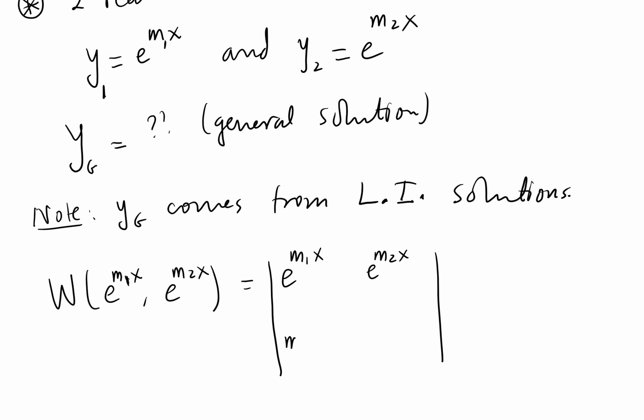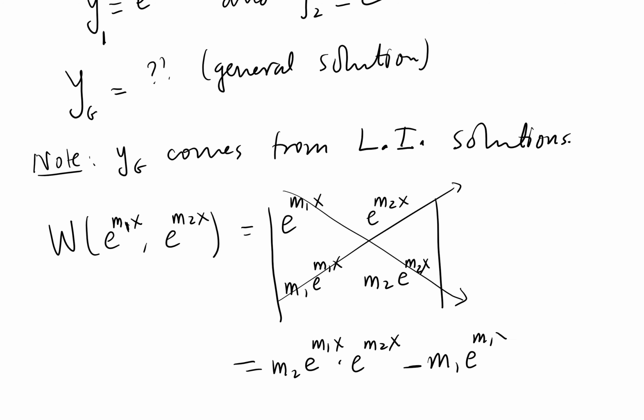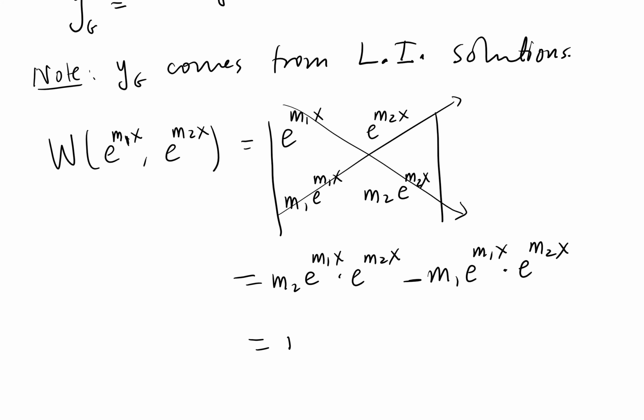Then you find the derivative for the first one, the derivative for the second one, and then find the determinant: this times this, m2 e to the (m1 plus m2)x, minus this times this, m1 e to the (m1 plus m2)x.